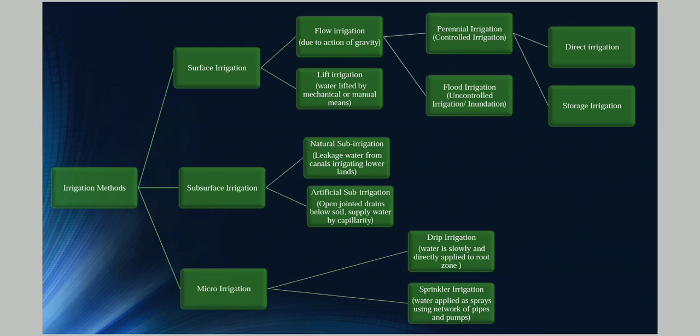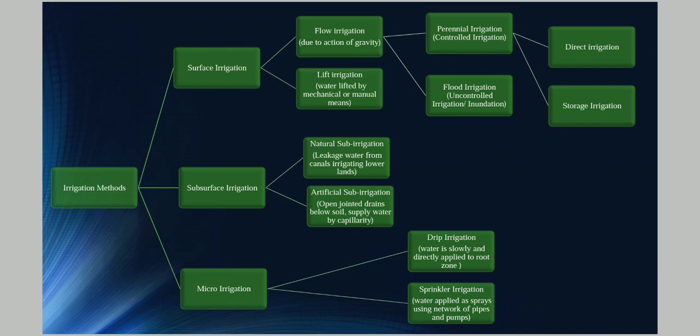Drip irrigation is that we provide water directly to the root zone of the plants using specially designed pipelines. Both are recently developed techniques and come under modern irrigation techniques. So these are irrigation methods based on a broad classification.